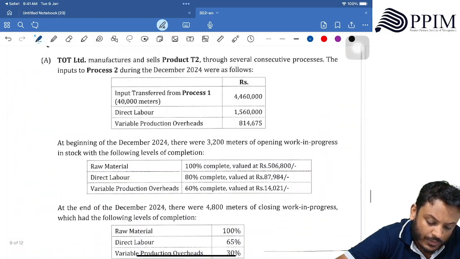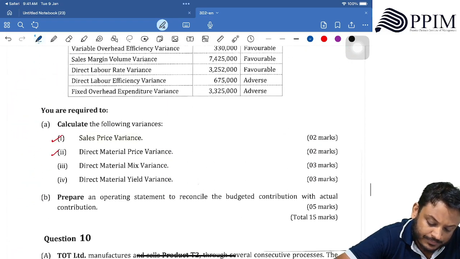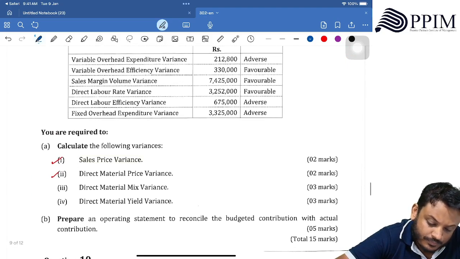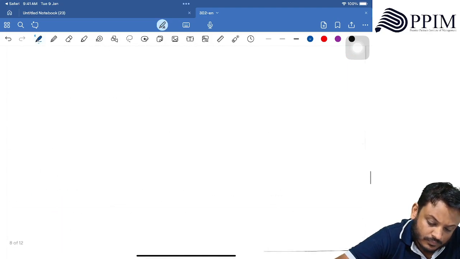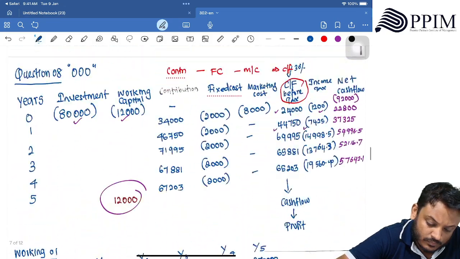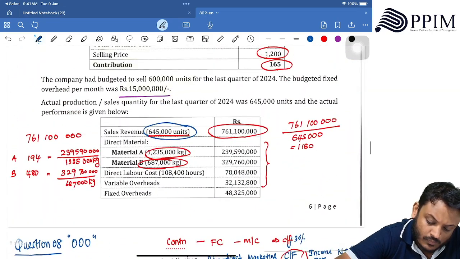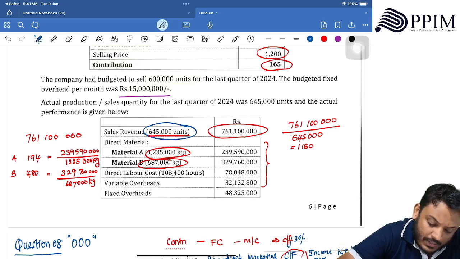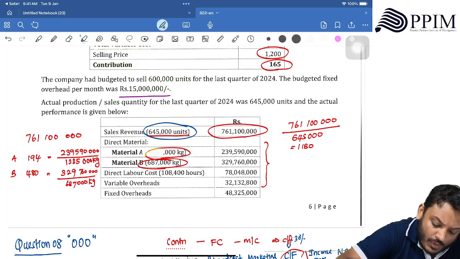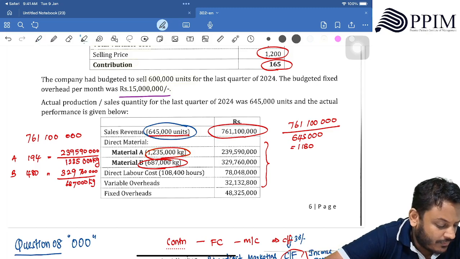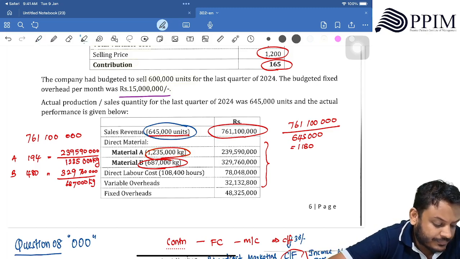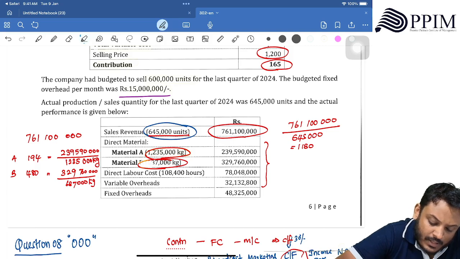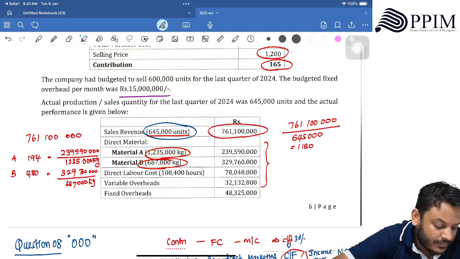Go to this question, see here. Material A 1,235, material B 687, right?